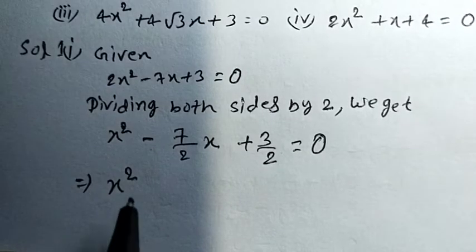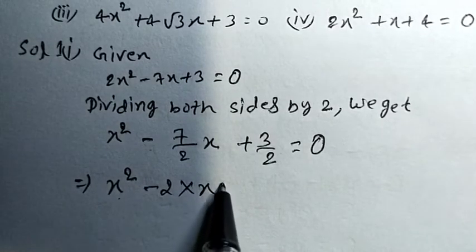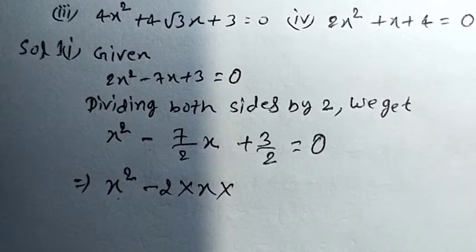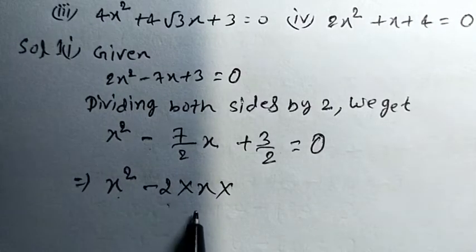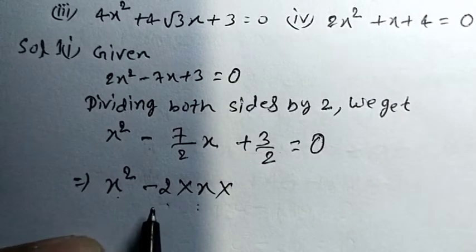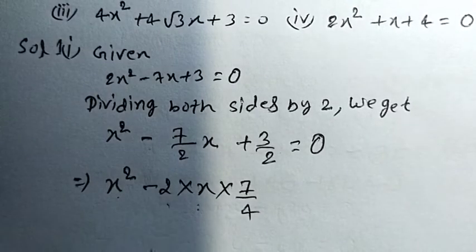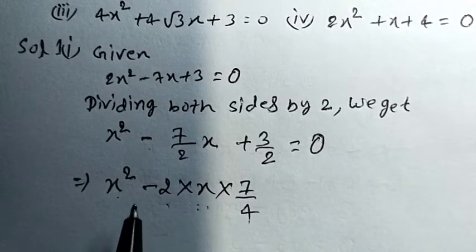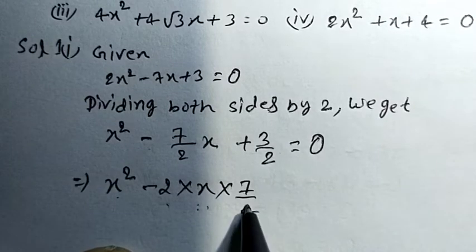Here a is x, and we have to find b, which is 7 by 4, because 2 and x are present: 2 into x into 7 by 4.